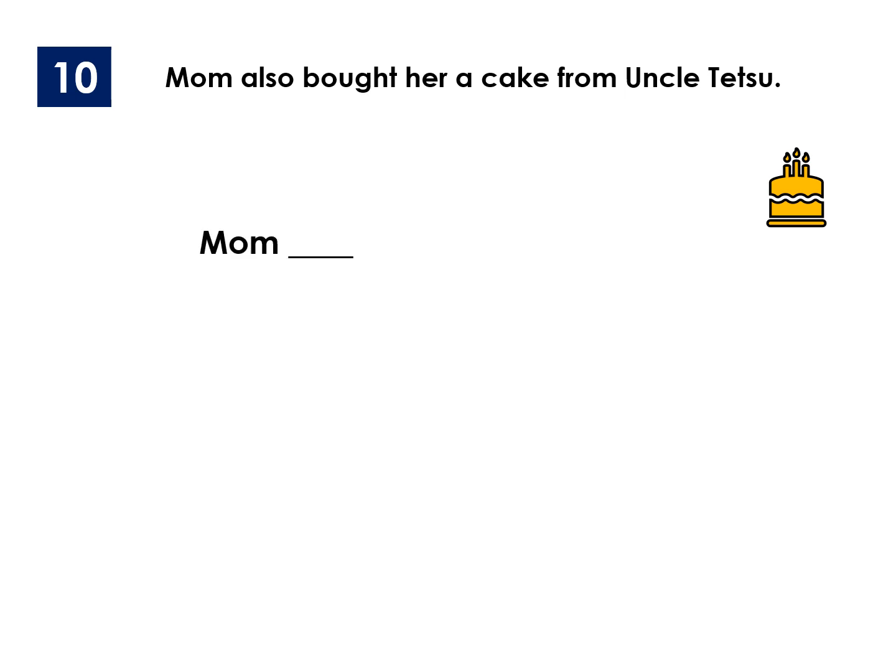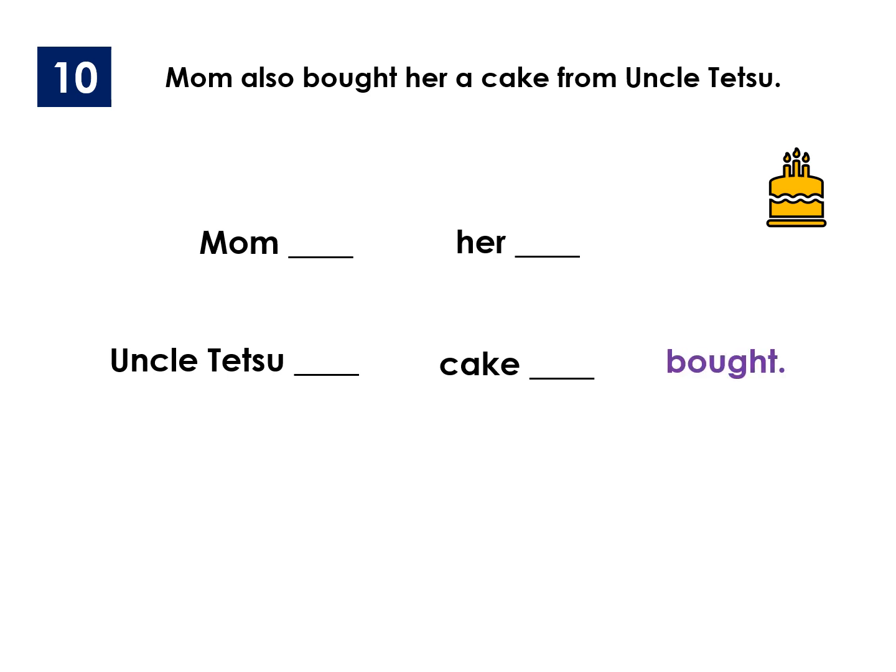Next sentence, Mom also bought her a cake from Uncle Tetsu. The elements are Mom, her, Uncle Tetsu, cake, and the verb bought. Mom takes the particle mo to indicate also. Besides someone else, Mom also bought a cake from Uncle Tetsu. Her takes the particle ni to indicate indirect object, bought for whom? For her.